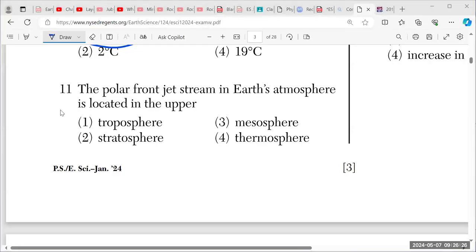All right, number 11. The polar front jet stream in Earth's atmosphere is located in the upper what? So I know that polar front jet streams play a role in how air masses flow from one place to another. They play a role with weather systems that are traveling all across the world.